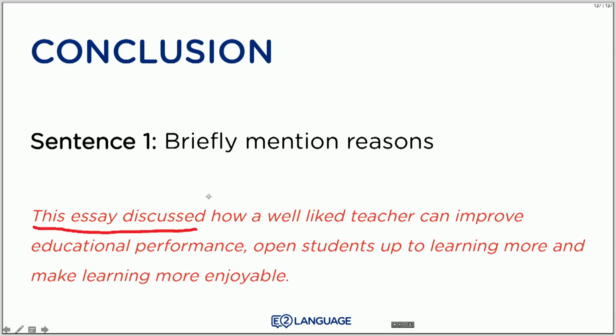This essay discussed paragraph 1, how a well-liked teacher can improve educational performance. Paragraph 2, open students up to learning more. And, if we included it, paragraph 3, make learning more enjoyable. See that? That's all I've done is just briefly mention reasons 1, 2, and possibly 3.